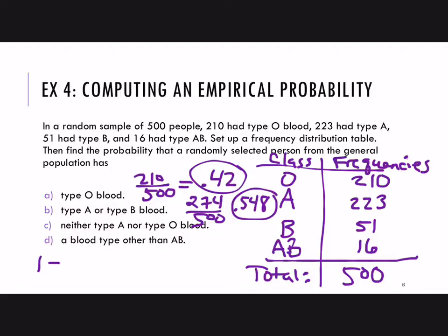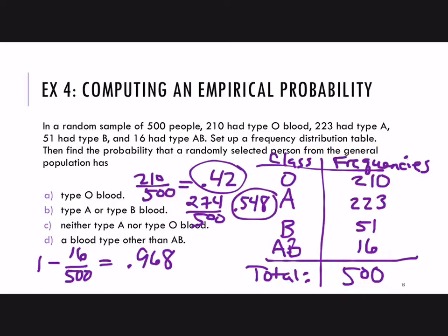So how many people had AB blood? 16. Right, 16 out of 500. If you subtract 1 minus 16 out of 500, that's 0.968. So almost 97% of this group of people.